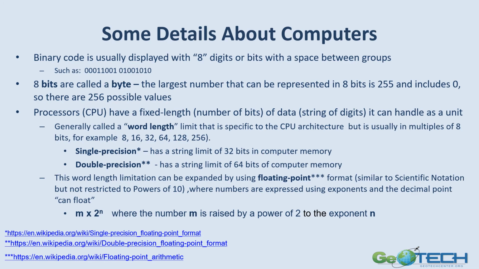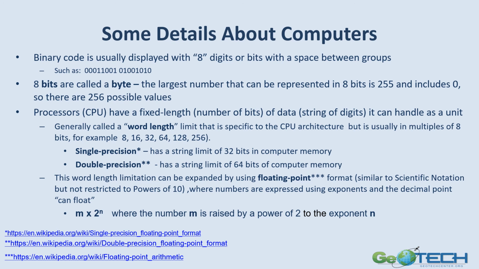I'm going to add some more details about numbering systems and computers. Binary code is usually displayed in 8 digits or 8 bits with spaces between the groups, and this is just an example of 2 8-bit word lengths. 8 bits are called a byte, and the largest number that can be expressed in this system is 255, but because we also include 0, we have 256 possible values.